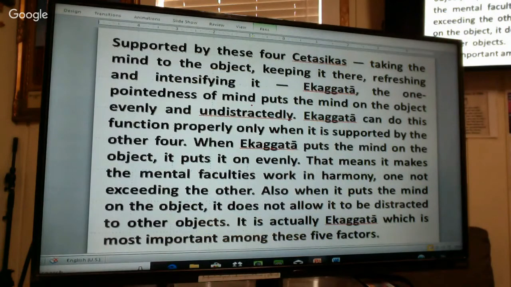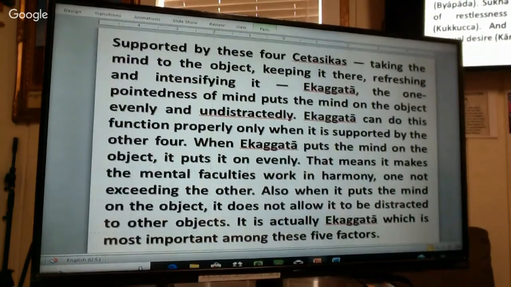They are supporting the concentration, Ekagata. That's why Ekagata can do it properly. So at that time, the mind is totally absorbed in the object. So these five factors are very, very important to get such kind of mental power.